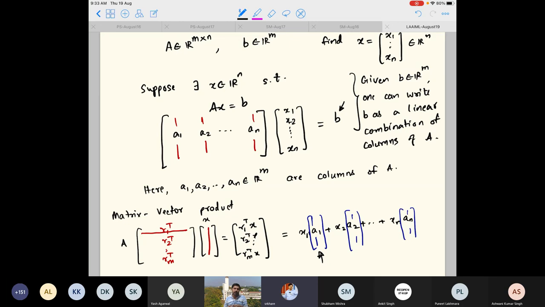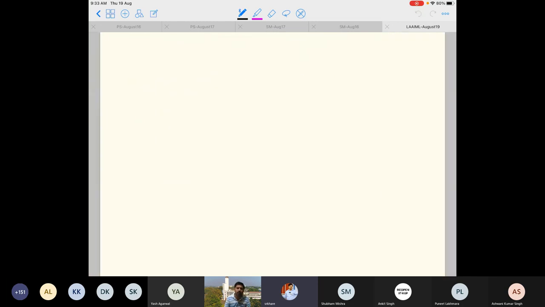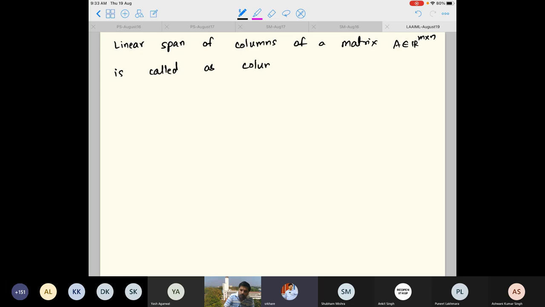So we give a special name to this linear span of columns of A. The linear span of columns of a matrix A is called the column space of A, or, as you will see later on for obvious reasons, it will be called the estimation space.